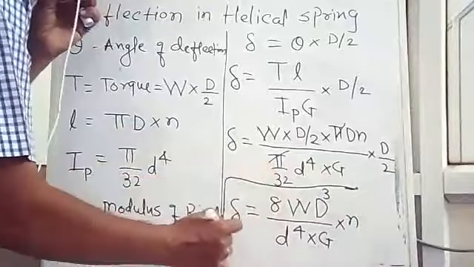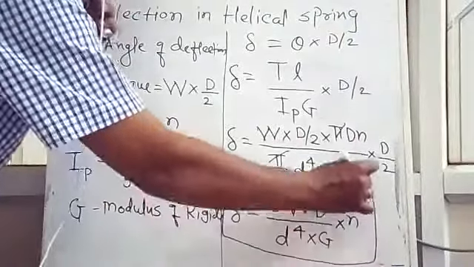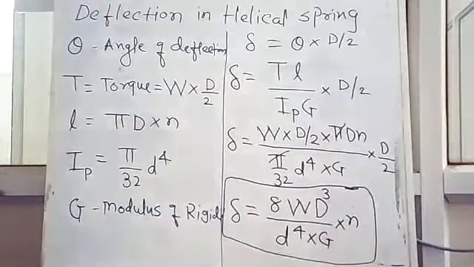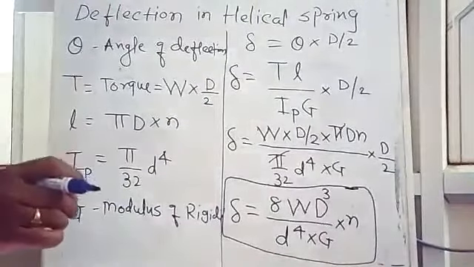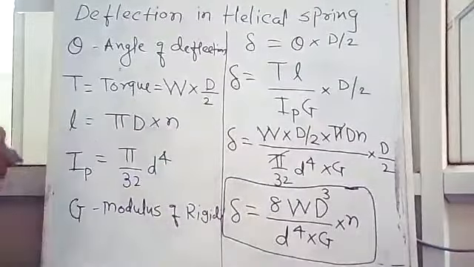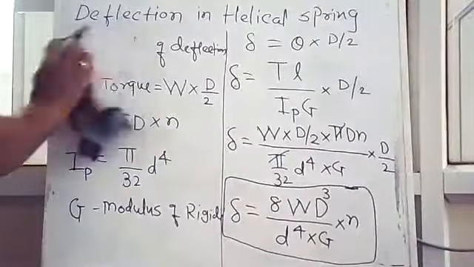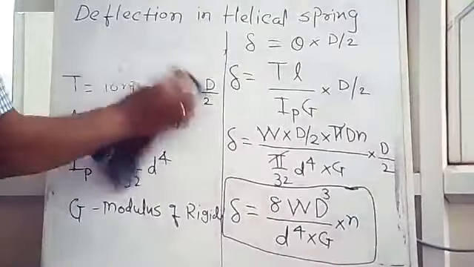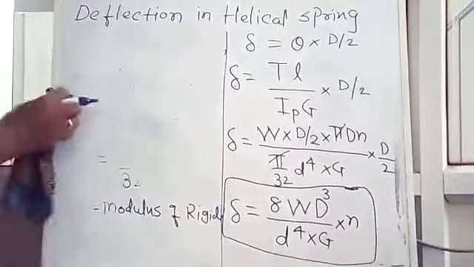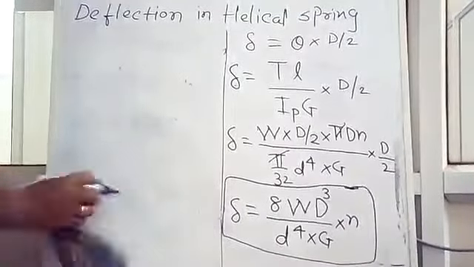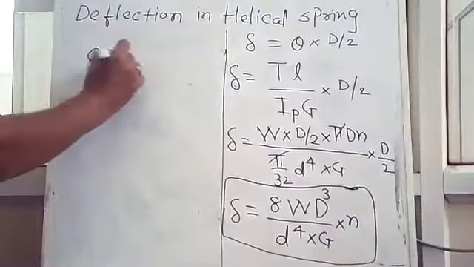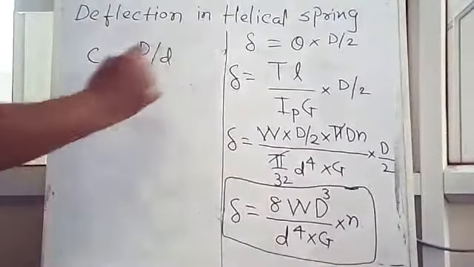So here, this equation you must keep every time in mind as a final relationship for deflection of the spring. We can rewrite one more times this relationship. This relationship also we can put by very simple way. We know that the spring index C is equal to D by d.